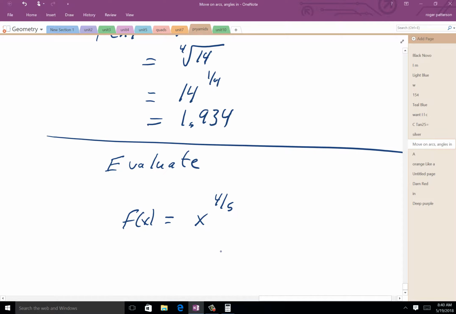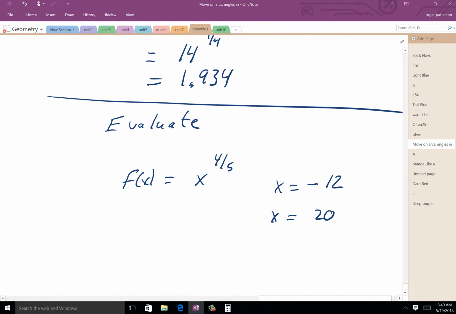Like this, and then they say x would be like a -12 and x would be a 20, and it says do it if you can. All right, so let's do this. So again, I just put that in there and use your calculator, use Desmos to figure it out.